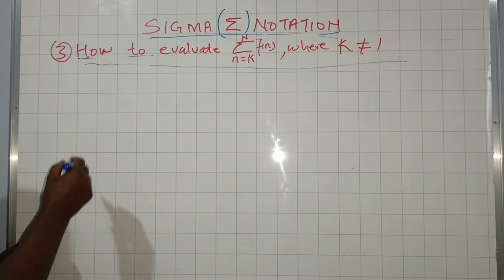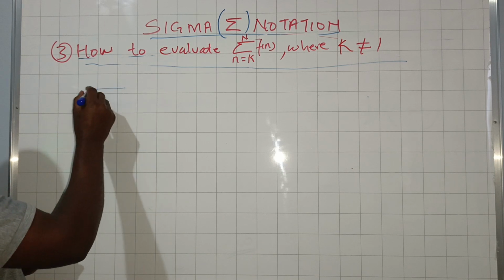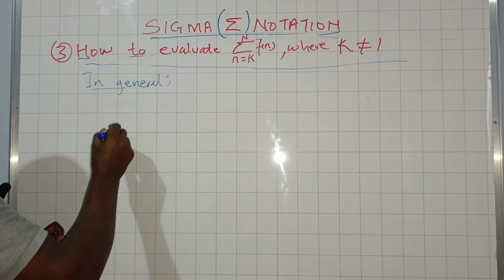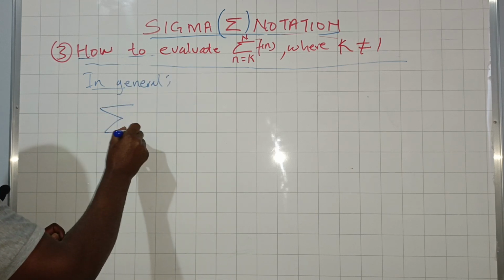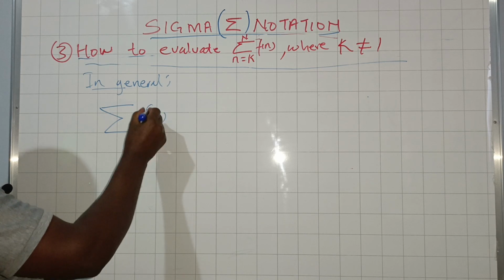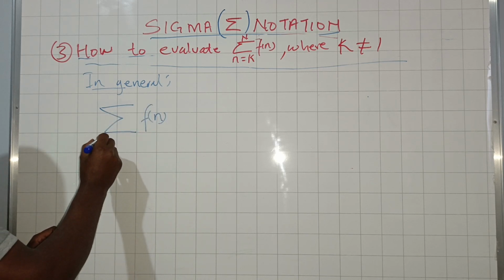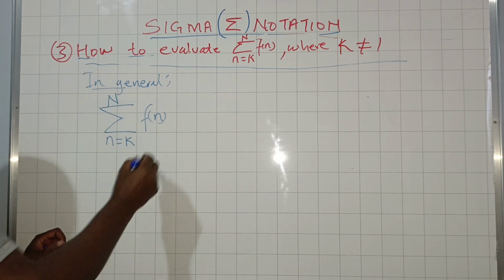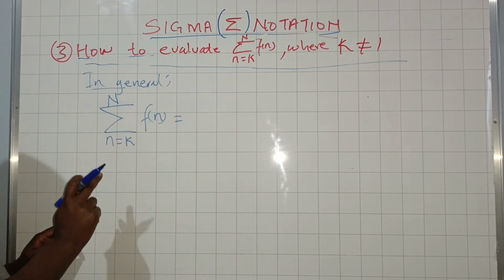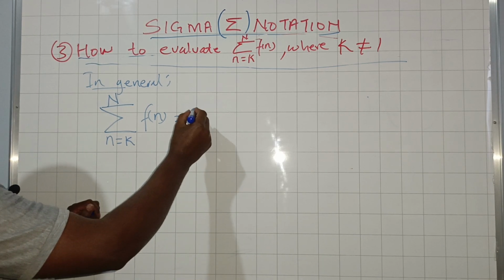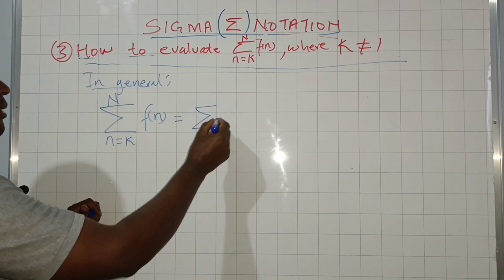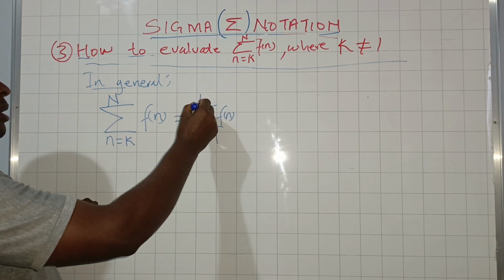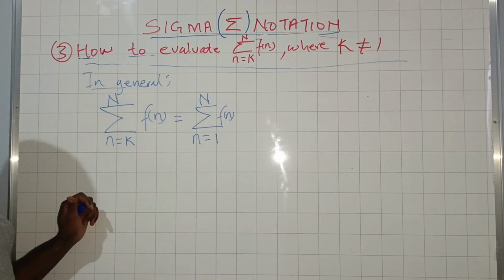So, if you are given in general, if you have the summation of a function f of n from n equals k to a certain value, and k is not 1, what we do is we get the summation of the entire function f of n from n equals 1 to that capital letter over there.